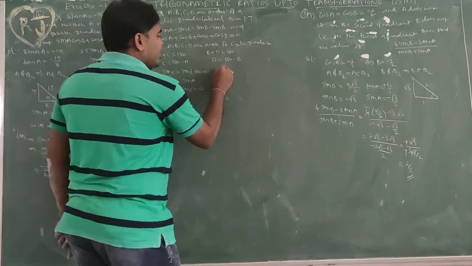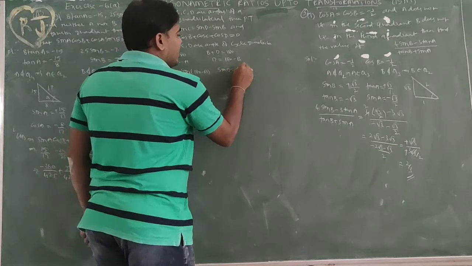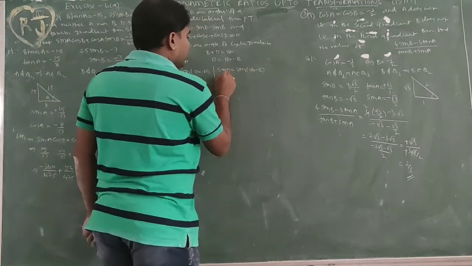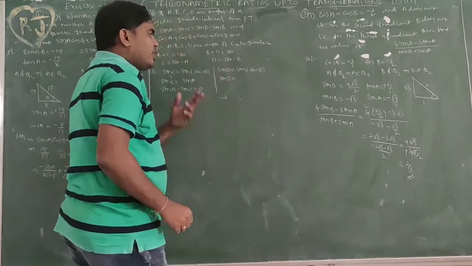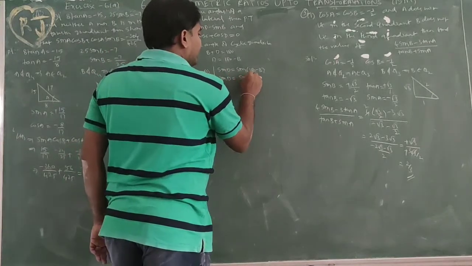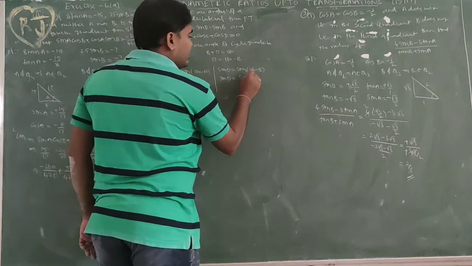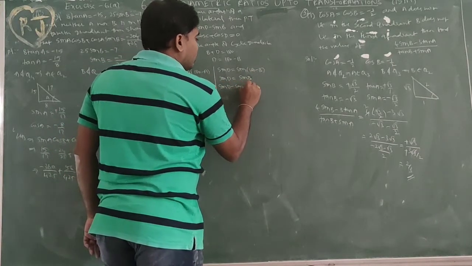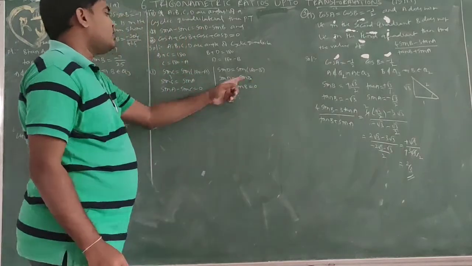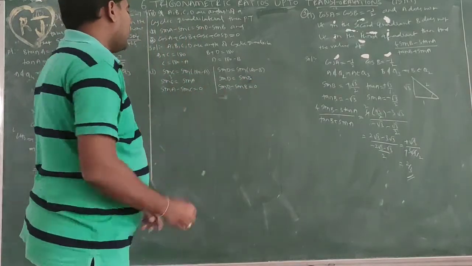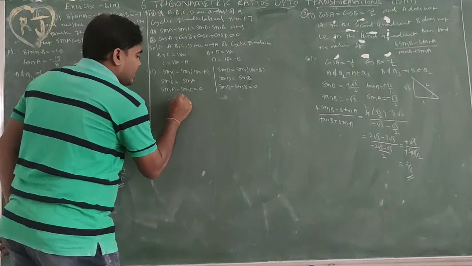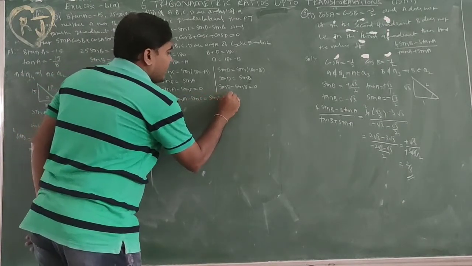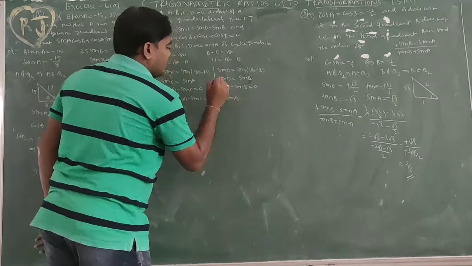Next, sin D equal to sin of 180 minus B, which equals sin B. So sin D minus sin B equal to 0. This is 0, this is 0. Overall, these two are equal. Therefore, sin A minus sin C equal to sin D minus sin B.